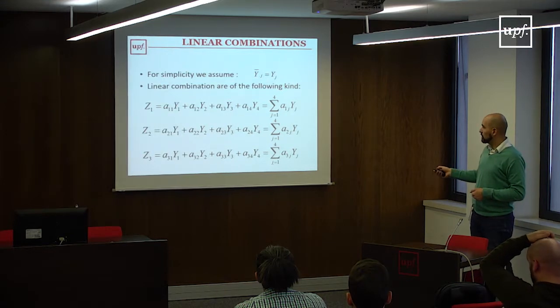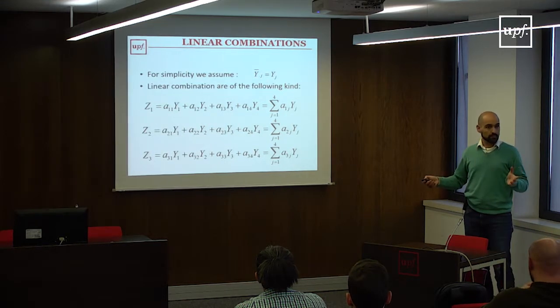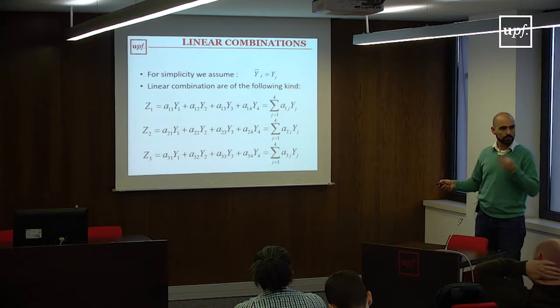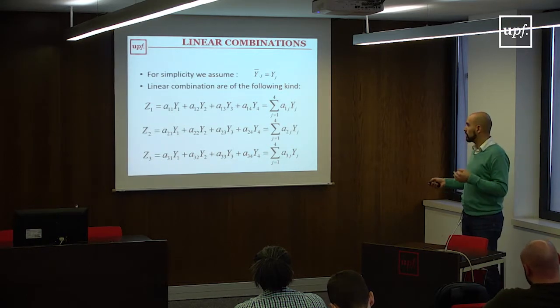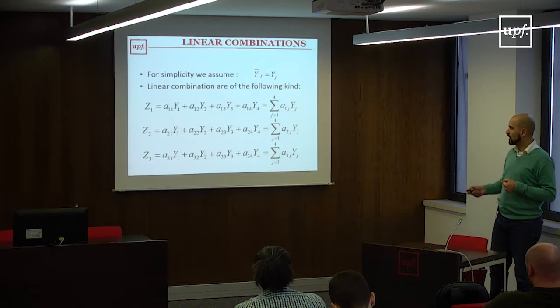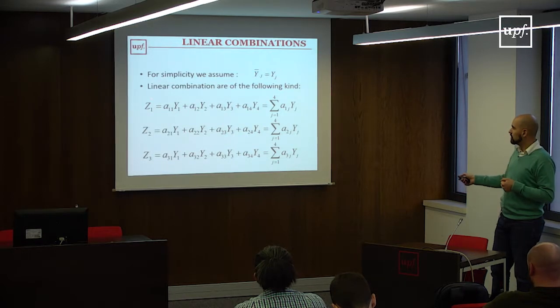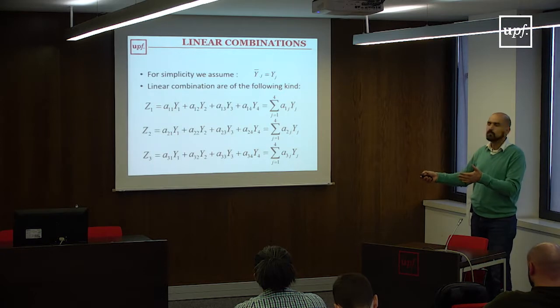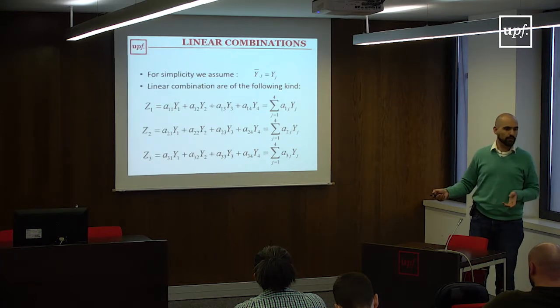And we know, as we have said previously, if we have 4 levels, we can create 3 new factors. 1, 2, 3. And we can assume that there will be the sum of the value we have plus a coefficient that we have to define.